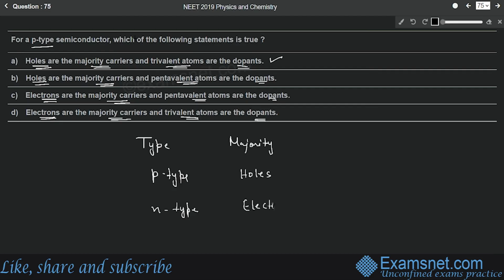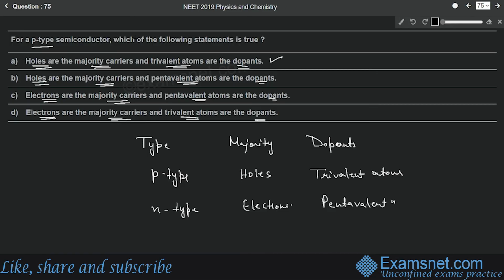Now we talk about the dopants, that means the type of impurities that are used to dope. Dopants are trivalent atoms in case of P type, and in case of N type, these are pentavalent atoms.